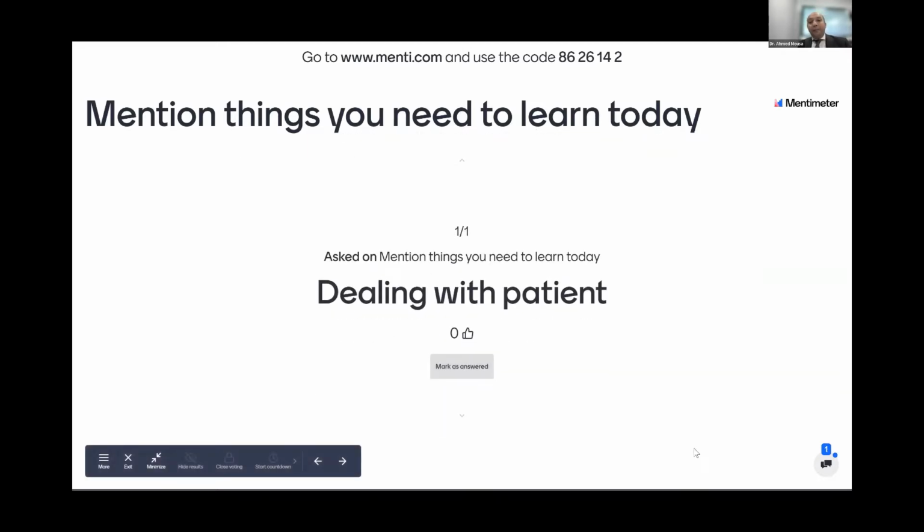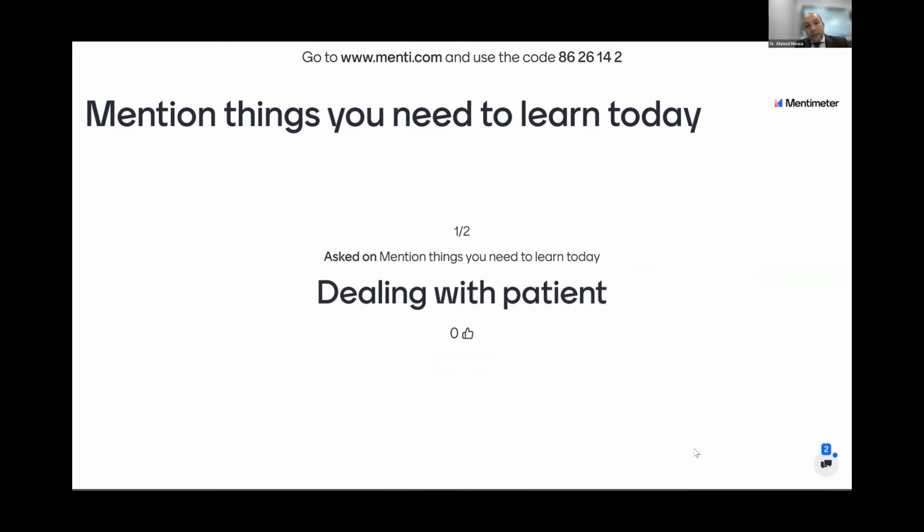Interesting. Dealing with patients. In what terms? In what capacity? How to deal with patients? I'm not sure I understand this question right, but anyway. Yeah, probably from a financial point of view, dealing with patients, not to be in a dilemma, so that I can focus on it while at the same time I have to focus on the patient's health.